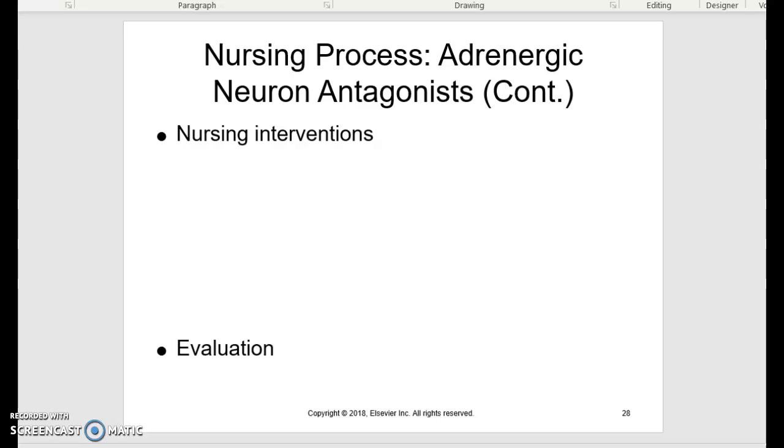Inform patients and family of possible psychological changes, such as depression, sleep disorders, emotional lability, memory impairment, confusion, nightmares, and hallucinations. You could also teach patients about the side effect of erectile dysfunction when taking this medication, and advise them not to drive or operate dangerous equipment until the response to the drug is known.